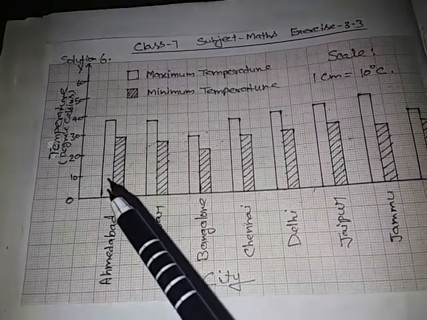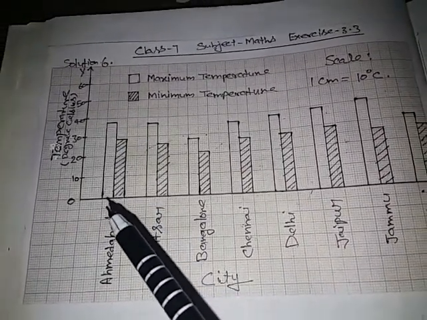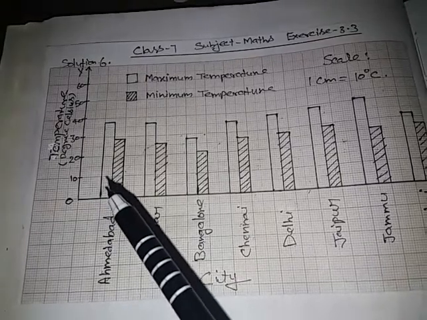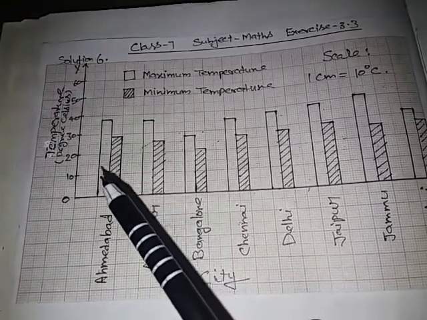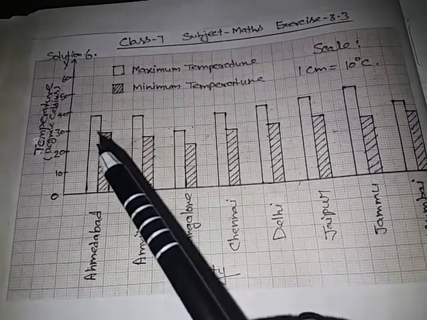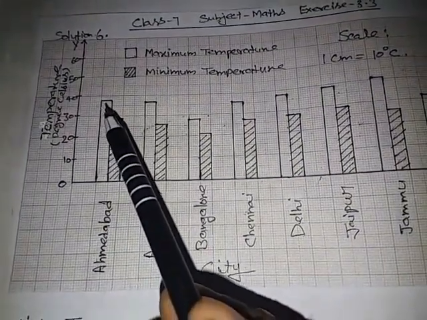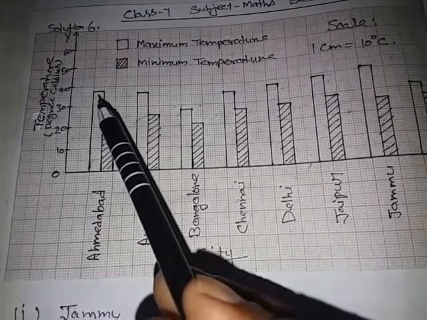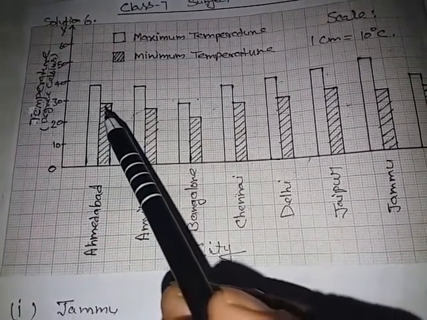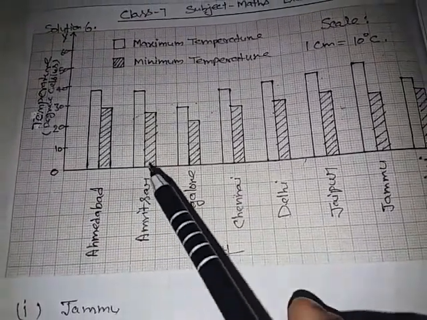Now see the bar, it represents the maximum temperature of Ahmedabad. Maximum temperature of Ahmedabad is 38 degrees Celsius and minimum temperature 29 degrees Celsius.